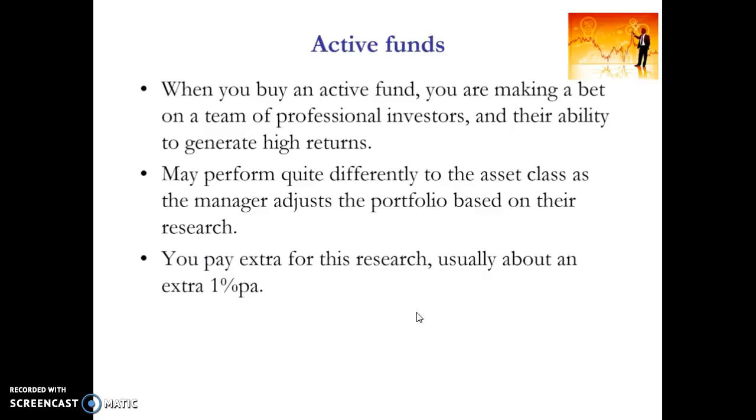Basically we find that before transaction costs and fees, active funds are able to generate a relatively small positive alpha, but because the magnitude of that alpha is smaller than the costs incurred by the investors, the net result is a decrease in wealth or a negative performance. So most studies would suggest that passive funds outperform active funds.